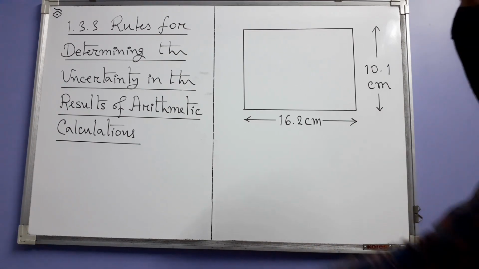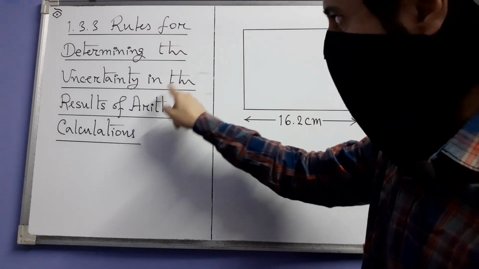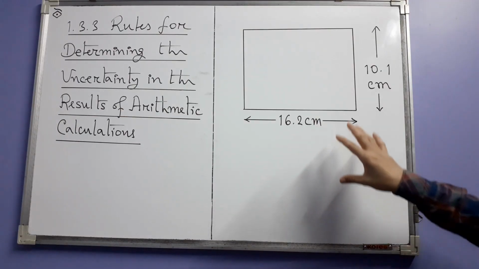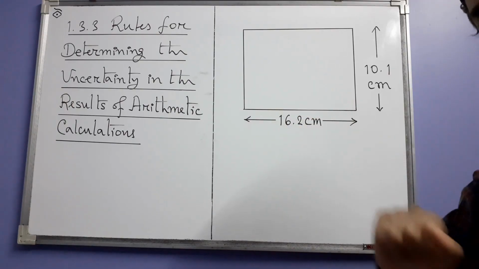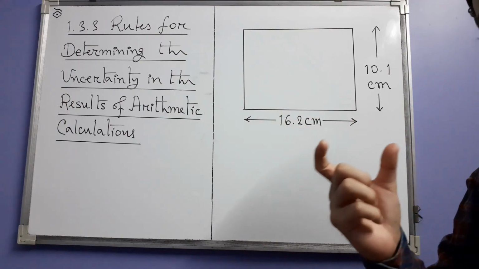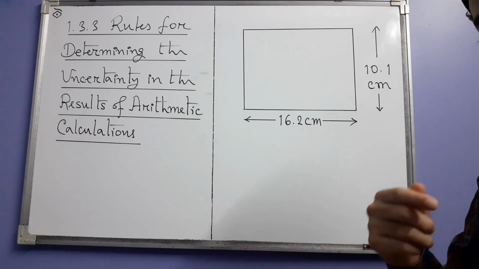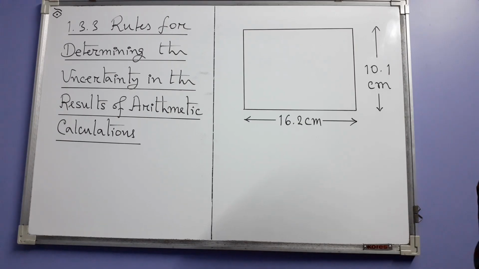The point now is this: rules for determining the uncertainty in the results of arithmetic calculations. So if we calculate the area of this sheet using those rules, then we will get some value finally. But what is the uncertainty in the area value? That we want to calculate now. So let's see how that can be done.